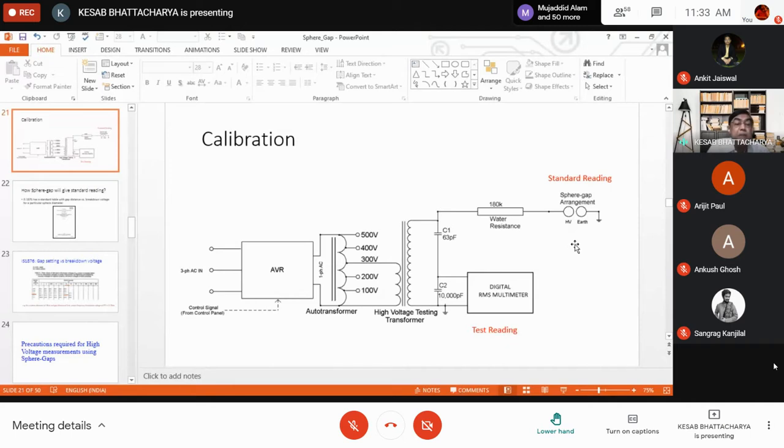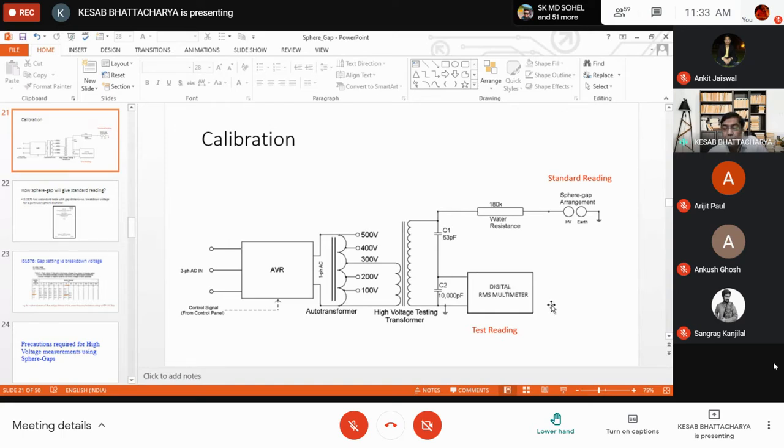Just now, sometime back, we have seen, for a standard diameter of sphere with standard gap distance, what should be the value of the breakdown voltage mentioned in IS 1876, and that is also at STP. So it is possible to take those values from the IS specification and compare them with the values measured by this digital RMS multimeter.